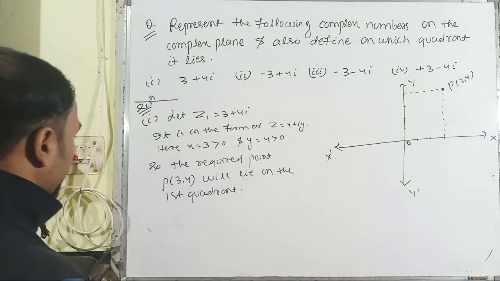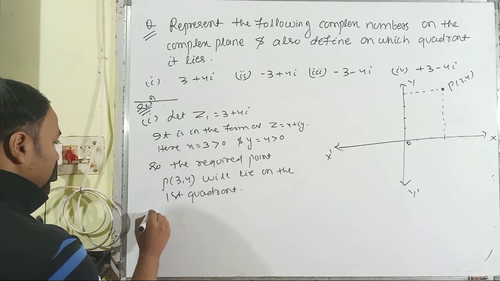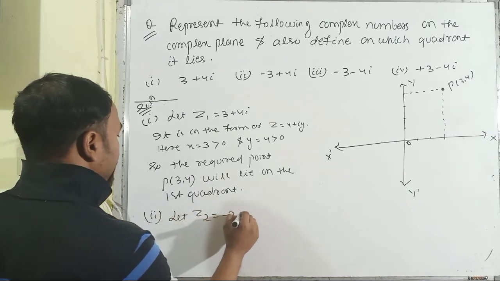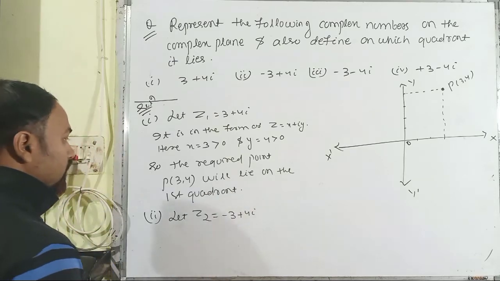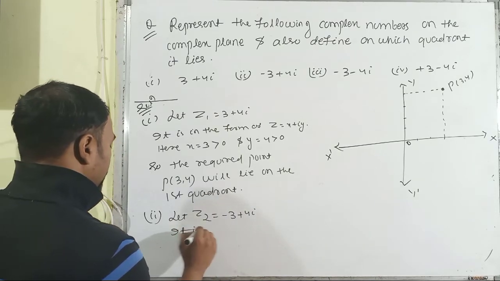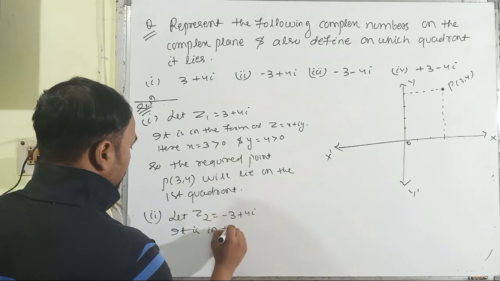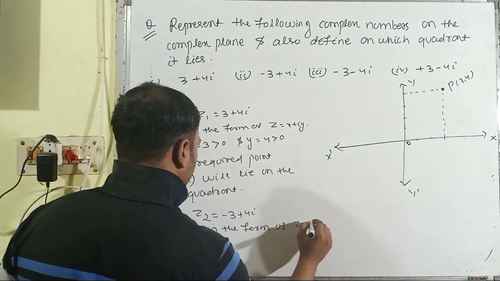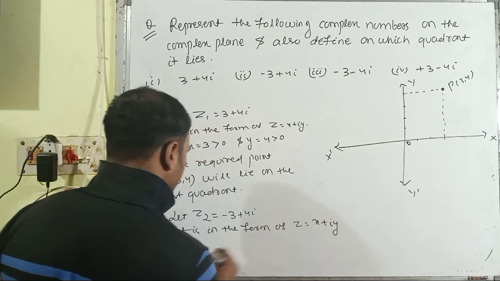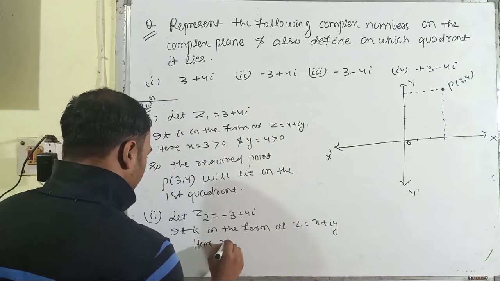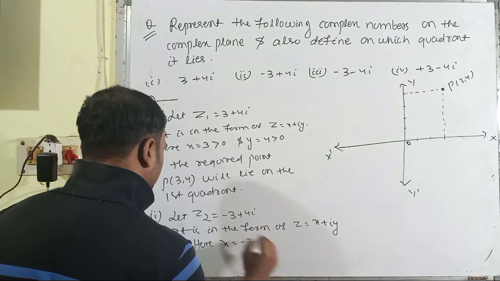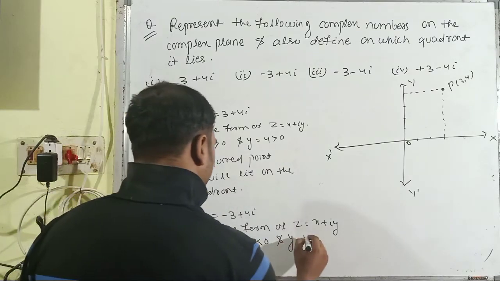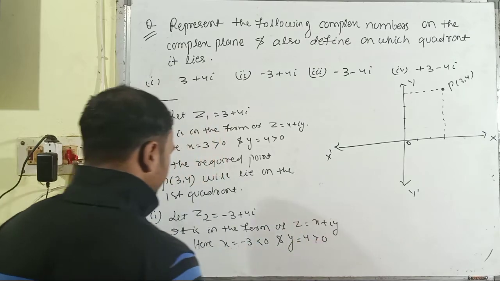Then the second one, let z2 is equal to minus 3 plus 4i. It is also in the form of z is equal to x plus iy. Here x is equal to minus 3 less than 0 and y is equal to 4 greater than 0.